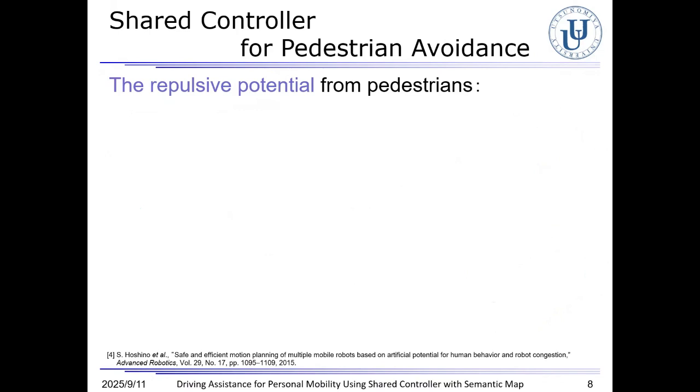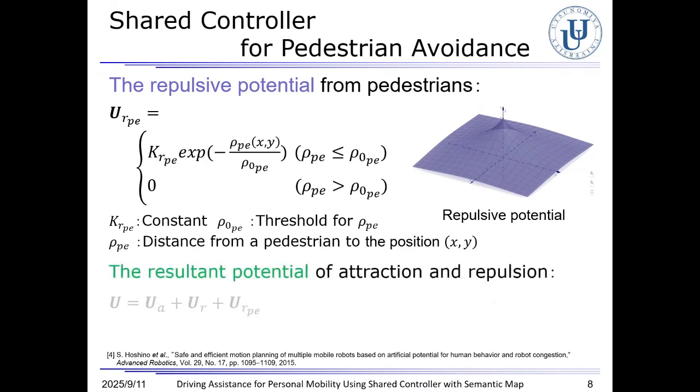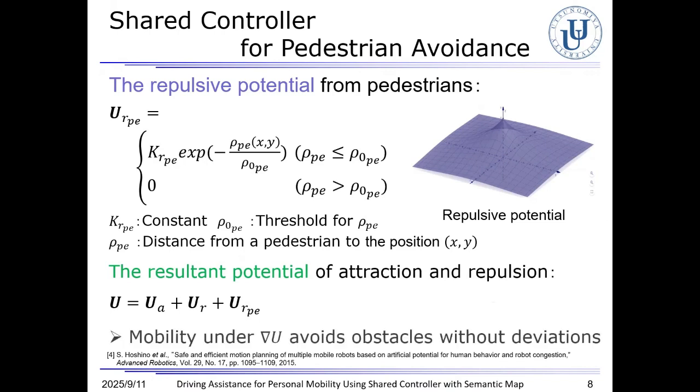This repulsive potential increases exponentially and smoothly with decreasing distance. Finally, the resultant potential is defined as the sum of these. Under the gradient of this resultant potential, the mobility can avoid non-drivable areas and pedestrians while navigating towards the destination.